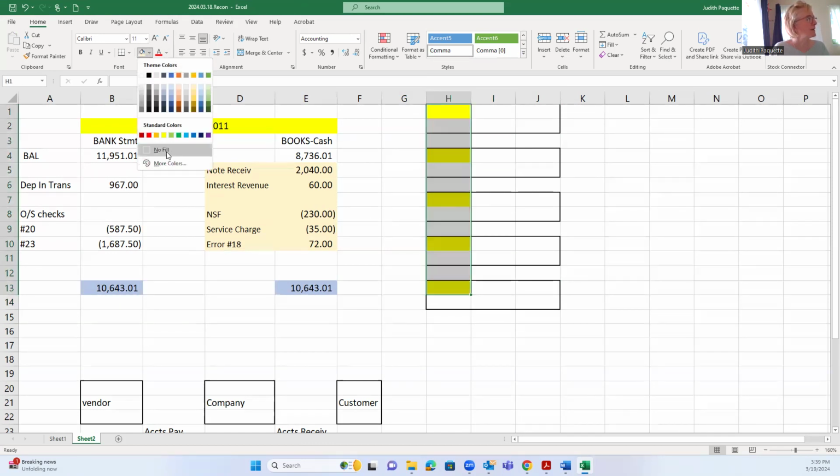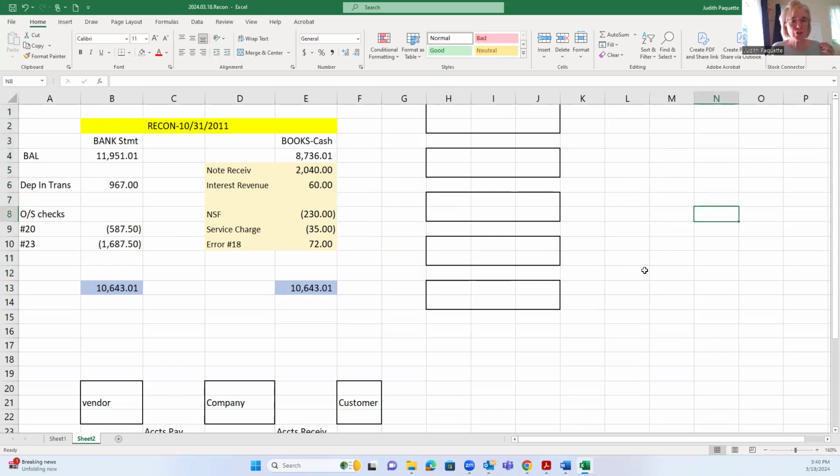Okay, remember I started out and I said adjusting journal entries have no cash in them. It's got to have one balance sheet account, one income statement account, but that's it. For the bank recon, the correcting journal entries always have cash on one side or the other. So in this case, we're increasing cash. And in these 2 journal entries we're going to build, we're decreasing cash.